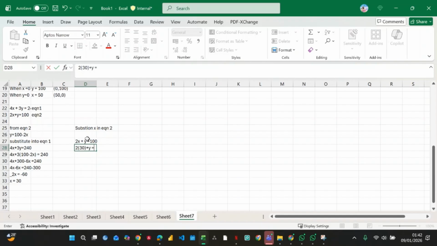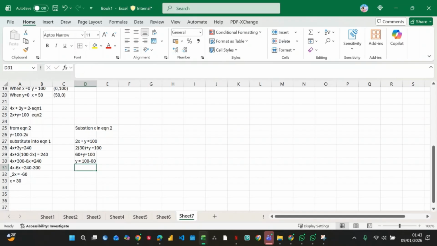So 2 times 30 gives 60, plus y equals 100.